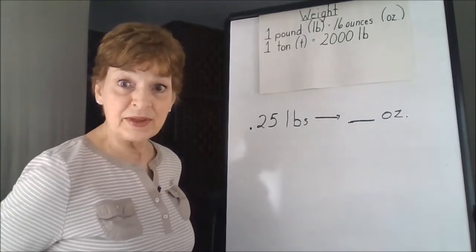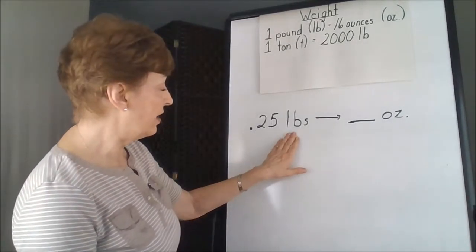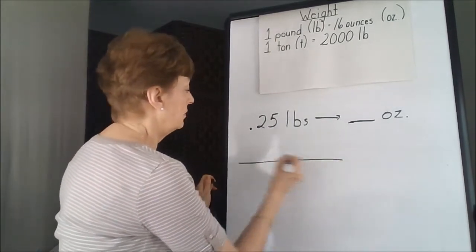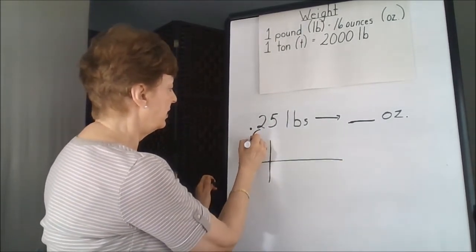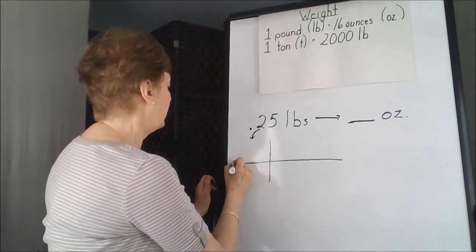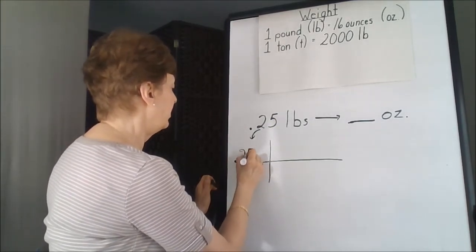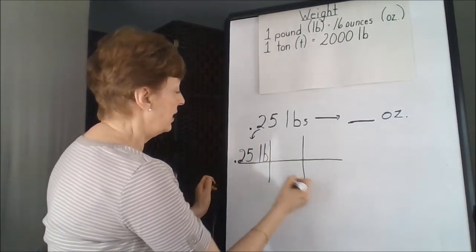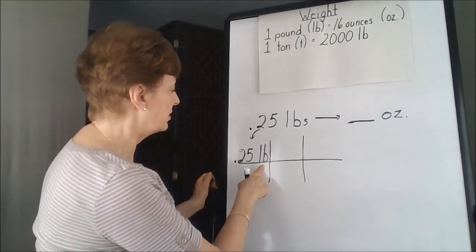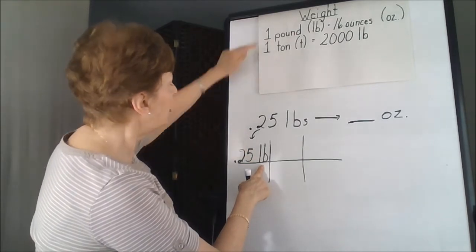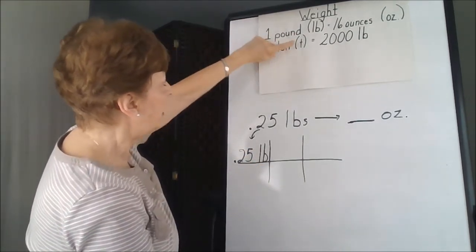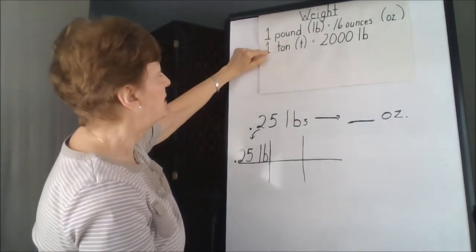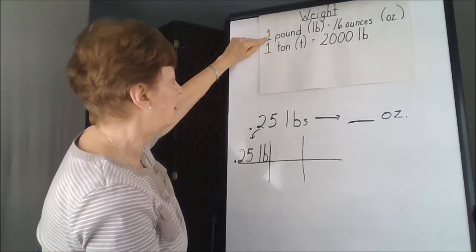Now let's go the other way with our calculation. Let's take pounds and make them ounces. This number is first. So we have 0.25 pounds. We now know we have to eliminate the pounds. So we're going to be looking for pounds in here, and pounds are listed here. We need ounces, so we would take the first one.